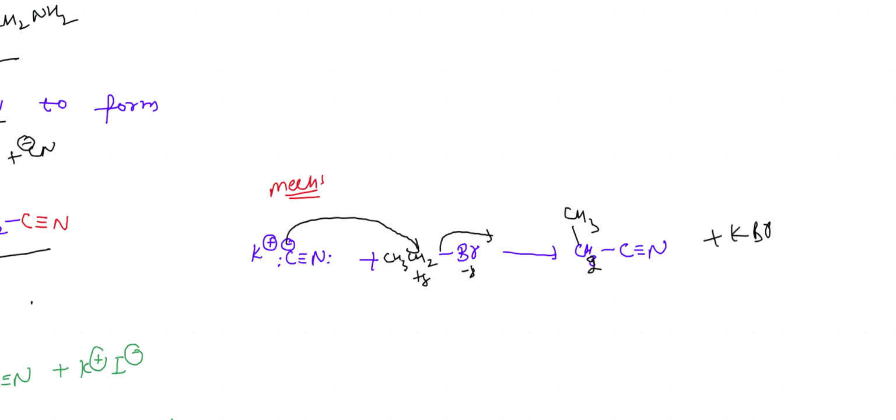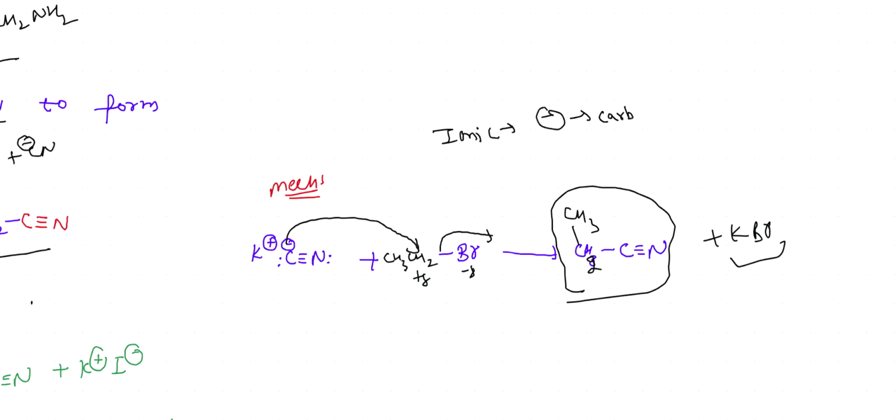So this is our major product. The reason here is that potassium cyanide is ionic in nature. Due to its ionic nature, the negative charge resides on the carbon. Thus, the carbon is acting as the nucleophile.